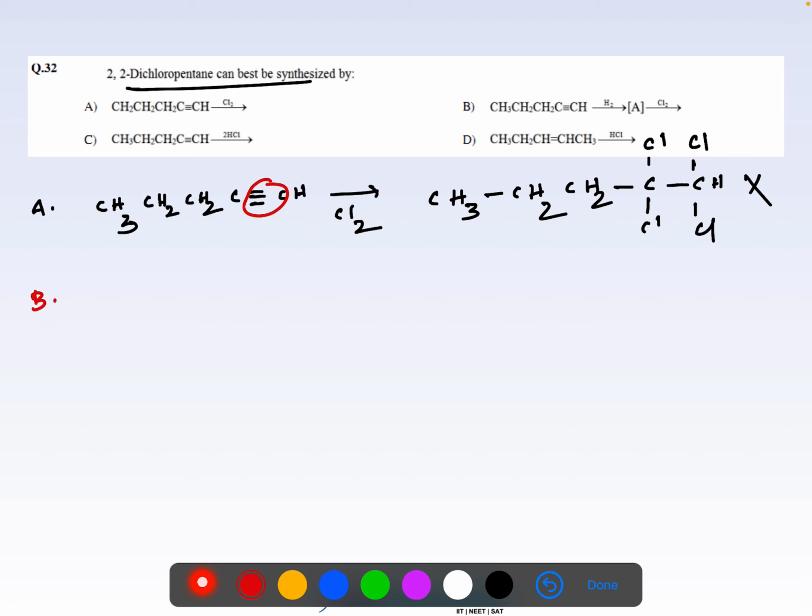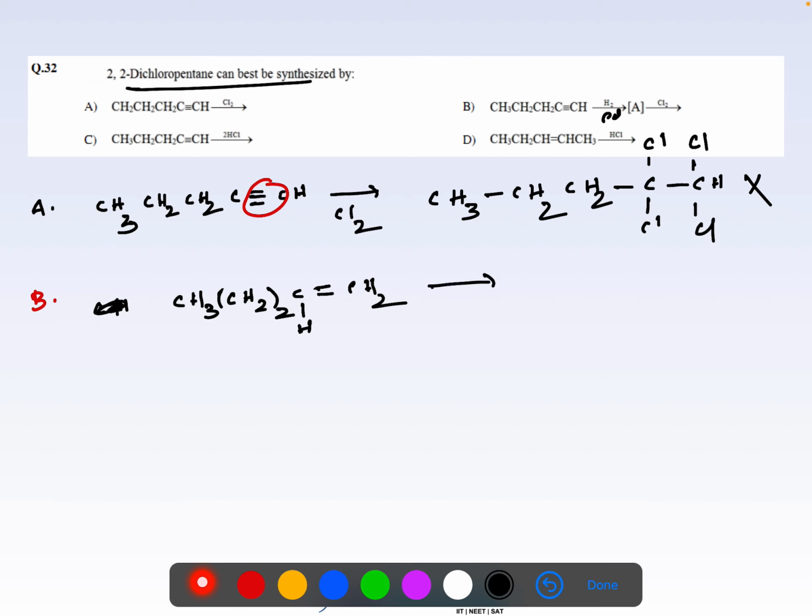Option B. Here there is a triple bond, and it is also pent-1-yne, and when it is treated with hydrogen, let us assume that it is partial hydrogenation. So you will get an alkene, CH3 CH2 twice CH double bond CH2.